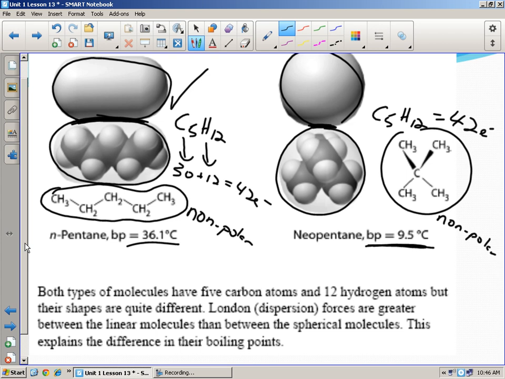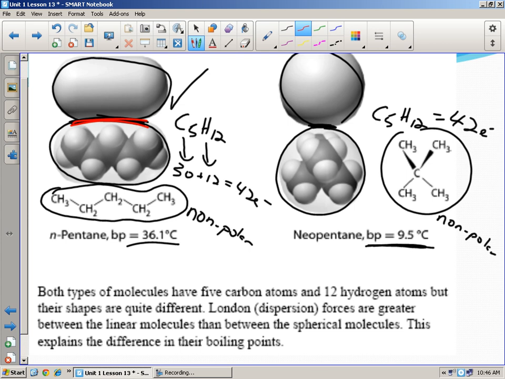Those are so well stuck together. These ones right here, they're so stuck together because of their linear shape that it takes another 27-ish degrees Celsius before we can start to break those bonds between the linear ones. Okay? So finally at 36, they start to break apart now, okay, and turn into a gas.